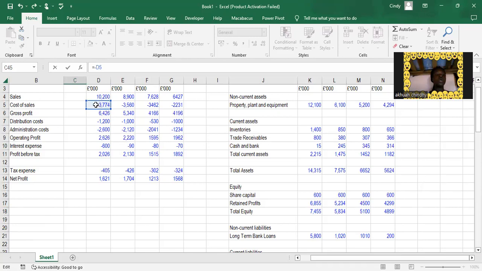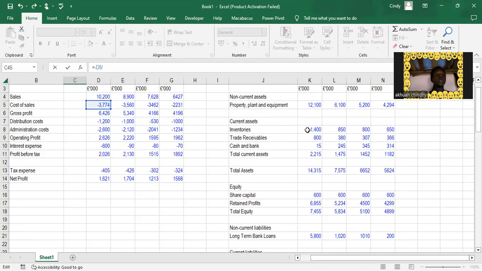But when you're working out ratios, you have to take care of the negative so that you don't have a negative ratio to confuse ourselves. Then we divide it by average inventory. But here we are not given opening inventory and closing inventory. We are just given inventory in the balance sheet. So we just go straight and take inventory in the balance sheet.